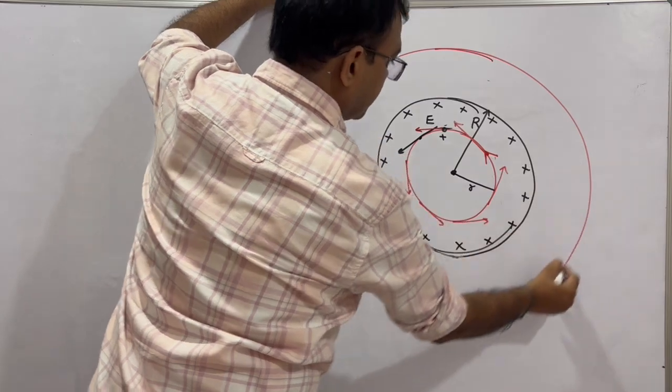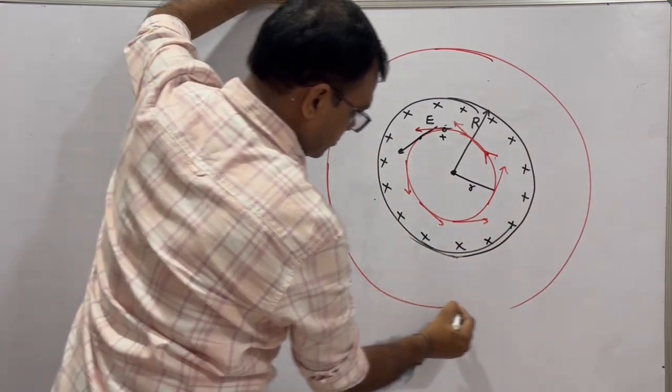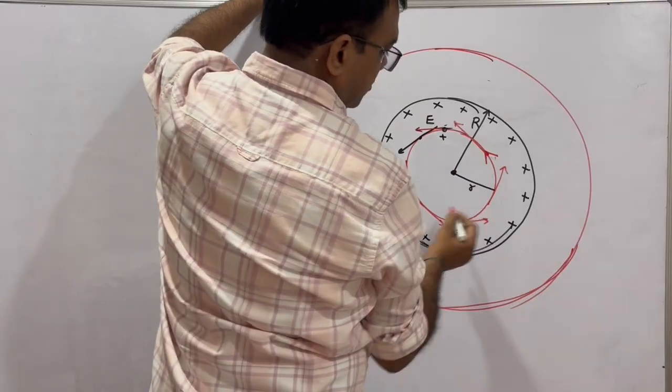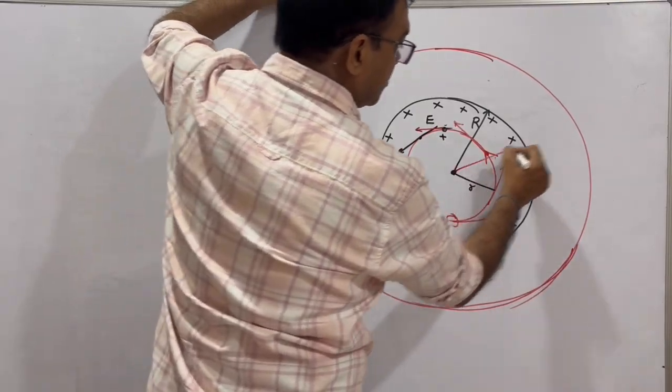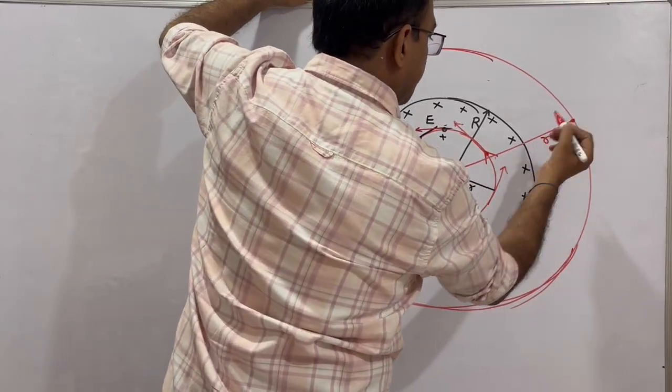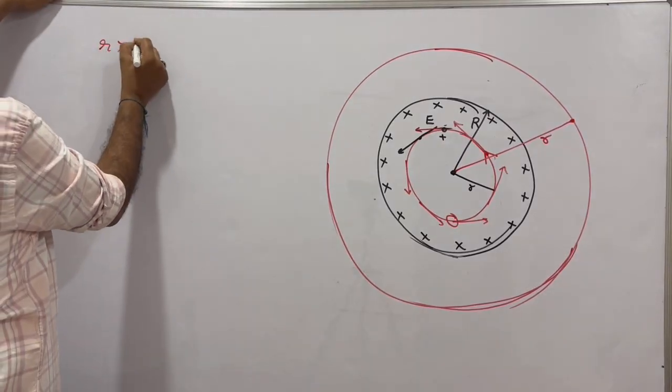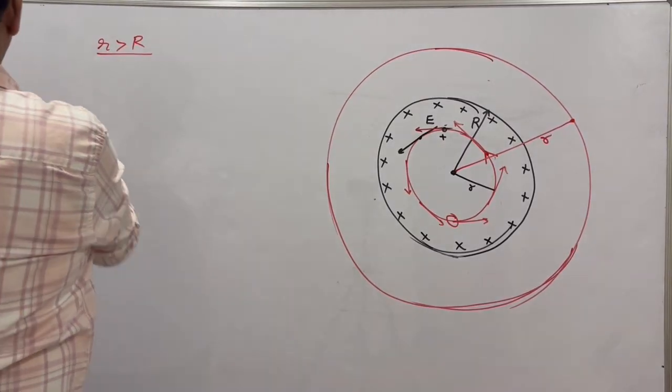This one is the inside point, this is the outside point. Now for r greater than capital R, for the outside point.